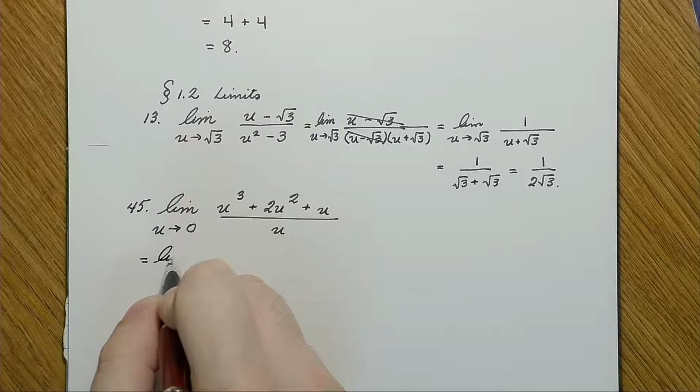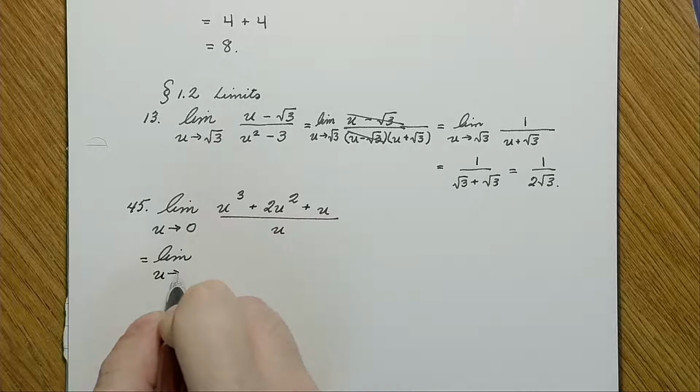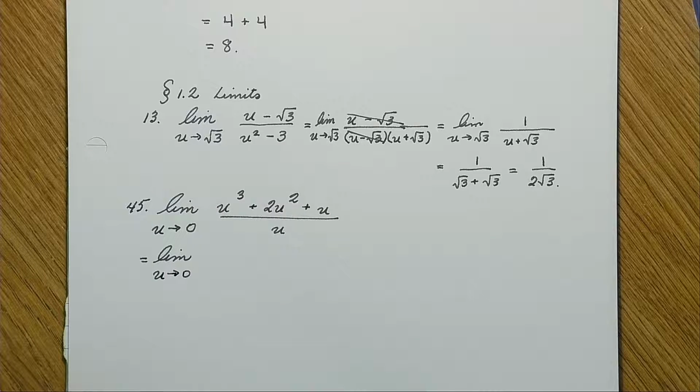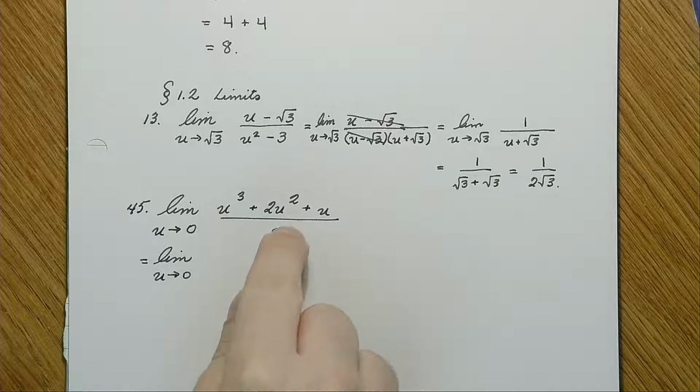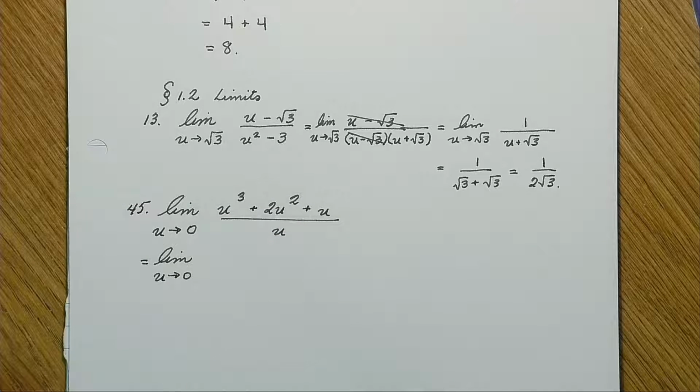In the chat, somebody say what I should do to somewhat simplify this, or what's my first step that I could do to try to eliminate that u in the denominator.